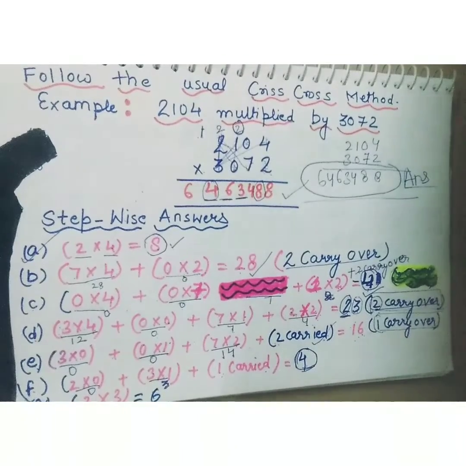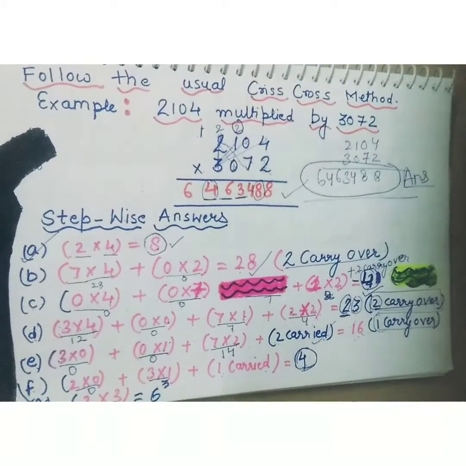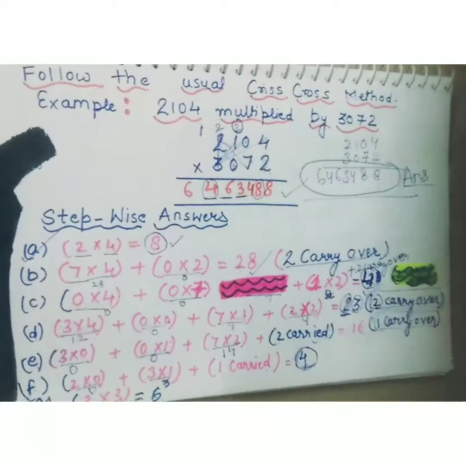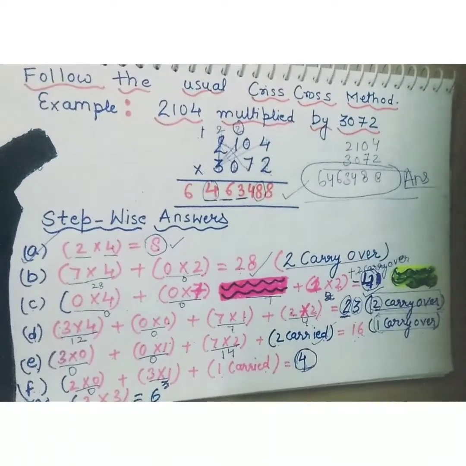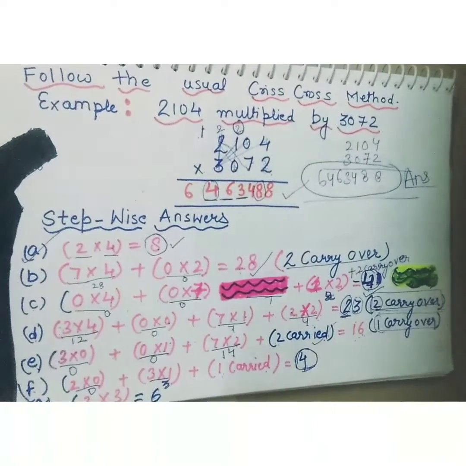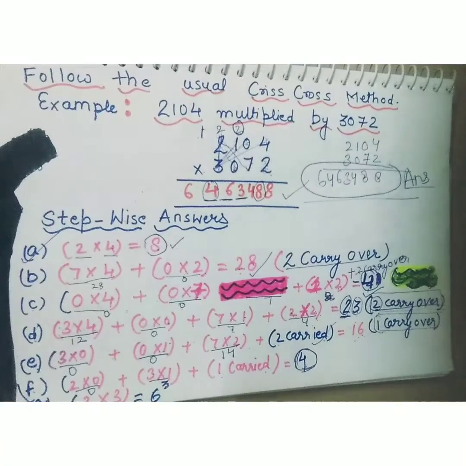There is much more to learn in the crisscross method. Keep on learning with Reena ma'am. I will come with the next video of crisscross method. There are some more steps you have to learn. I will teach you every step and every point of Vedic maths, including all the topics. I will not leave any point.